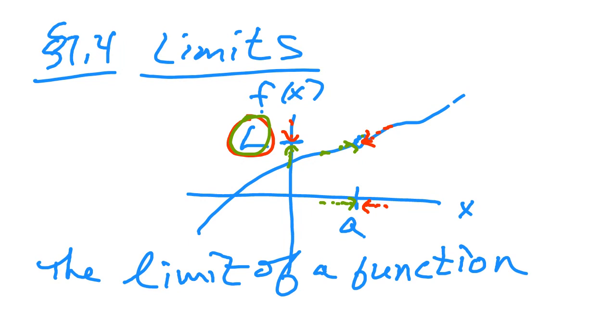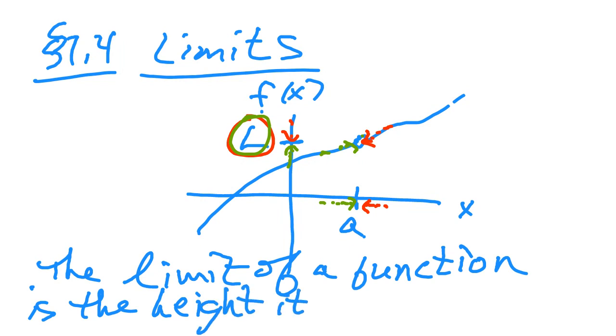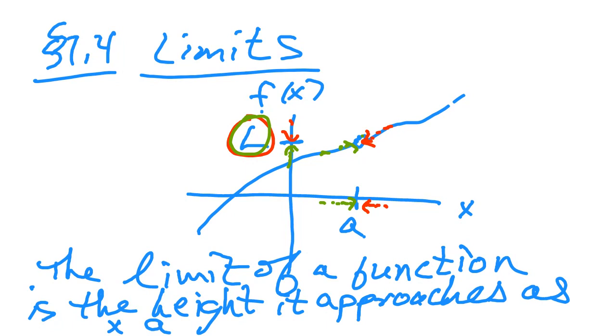So the limit of a function is the height it approaches as x approaches a specific value. And if it's not specified, you can approach that value, which in this case is x equals a, from both sides.